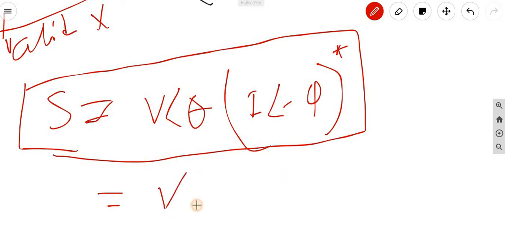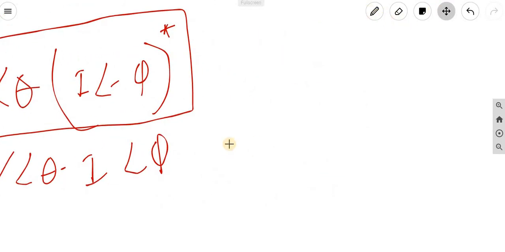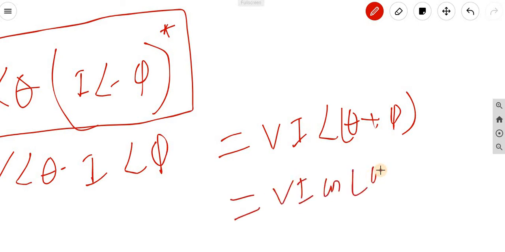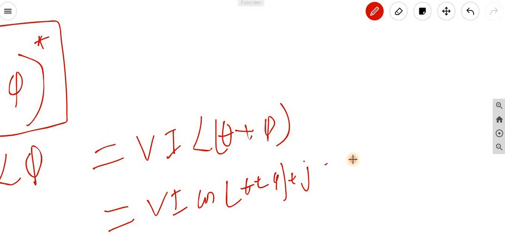So how is it? With I and phi, we can present Vi at angle theta plus phi. It can be presented as Vi cos of theta plus phi plus j sin of theta plus phi.